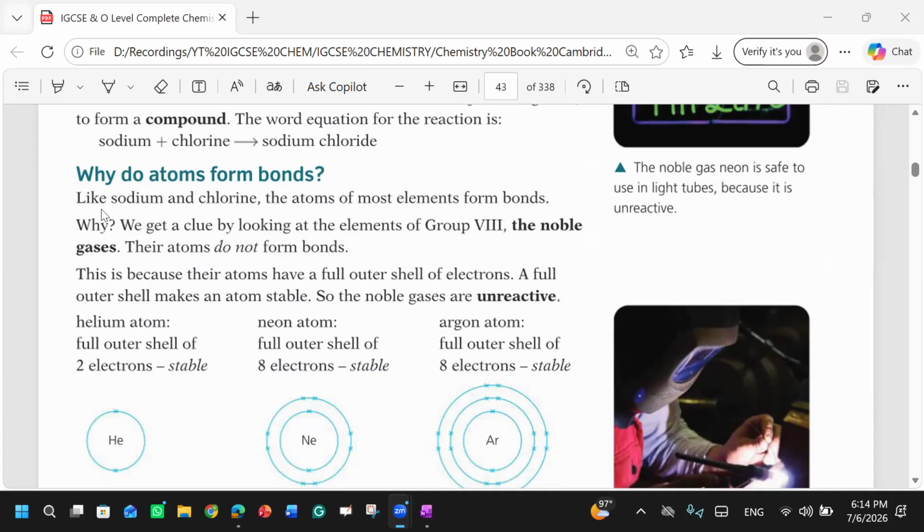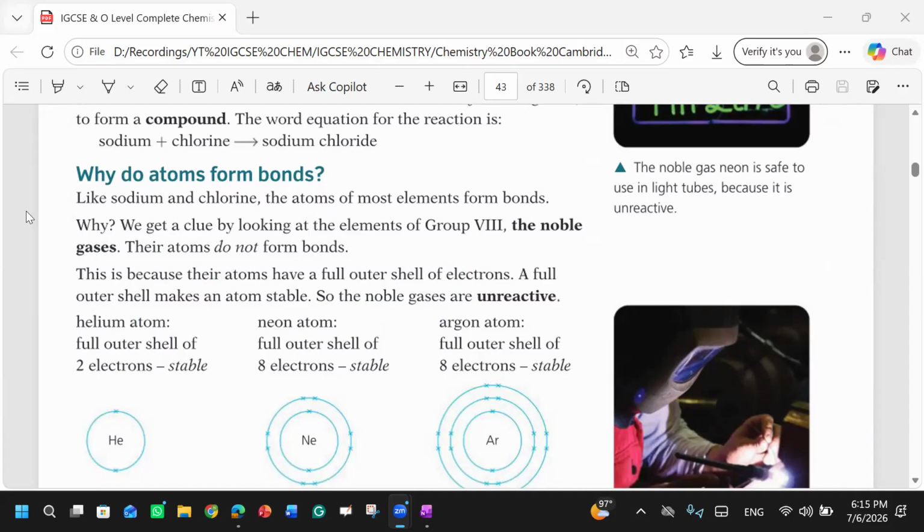Start reading from here. Why do atoms form bonds? Like sodium and chlorine, the atoms of most elements form bonds. We get a clue by looking at the elements of group 8, the noble gases. Their atoms do not form bonds. This is because their atoms have a full outer shell of electrons.